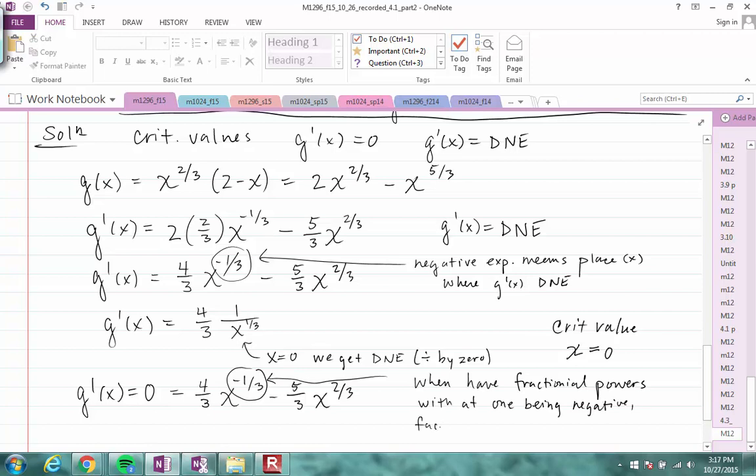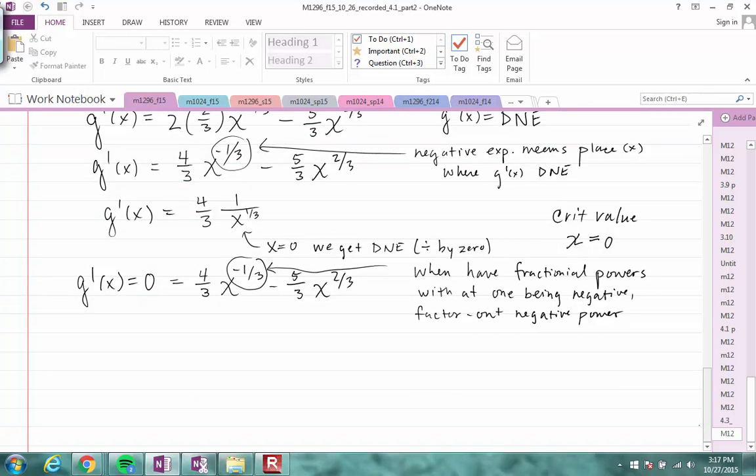Turns out a good thing to do is to factor out the negative power from both terms. And then while you're at it, take out any fractional constants.